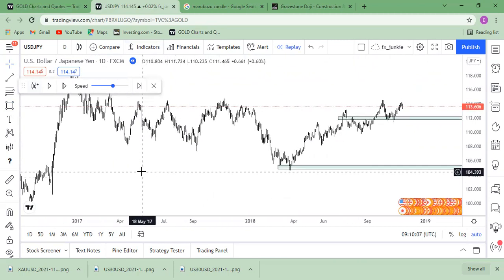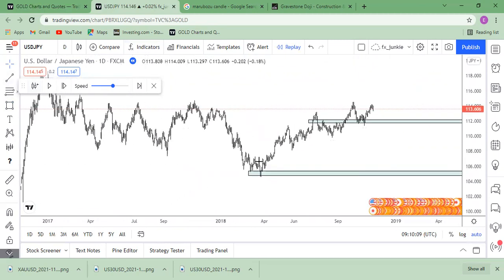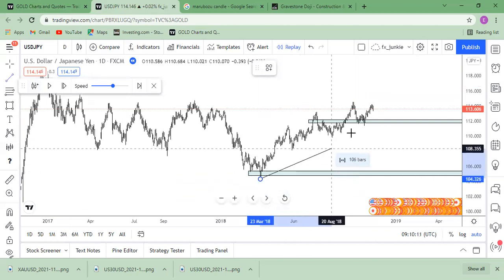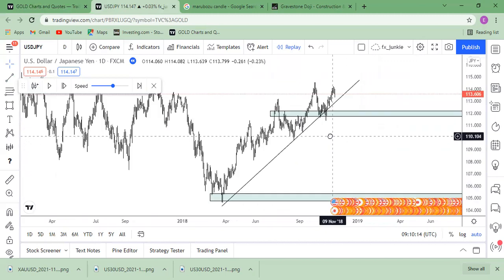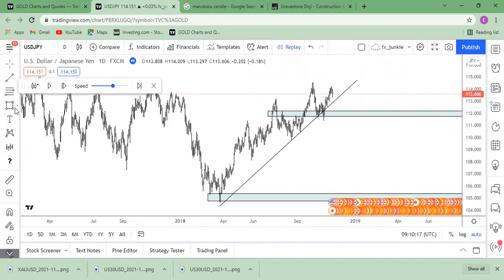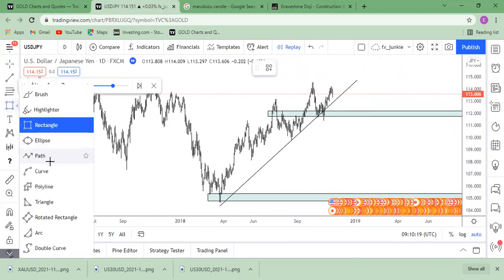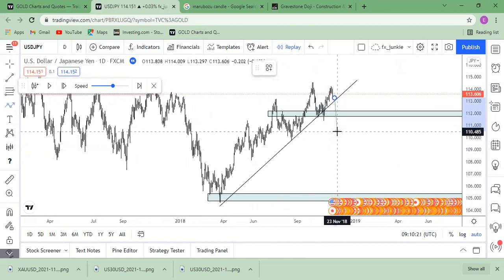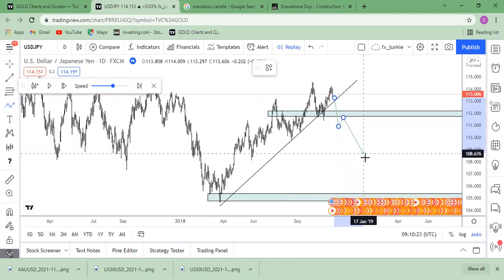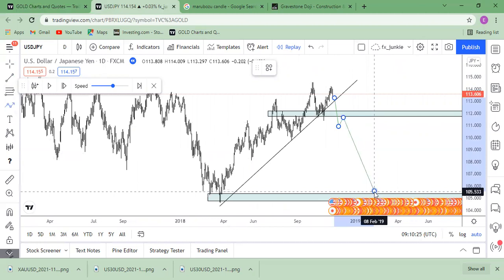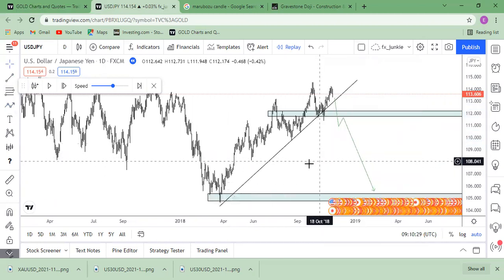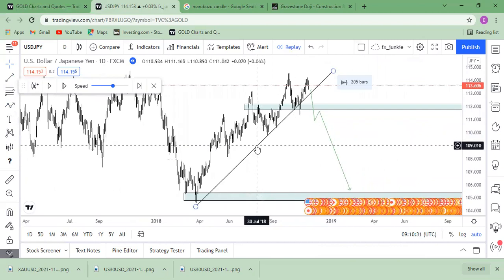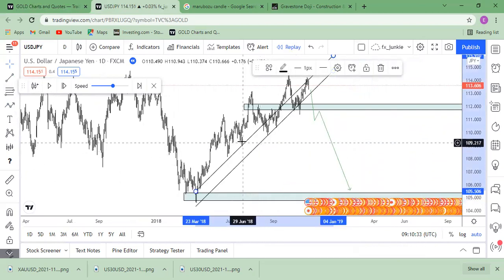So what we're looking for, we know that this is a supply and demand level, right? We're looking for the market to then break inside the channel, retest, and then we continue to sell. And from the support, we're gonna go back up. So it's also trends in trends.